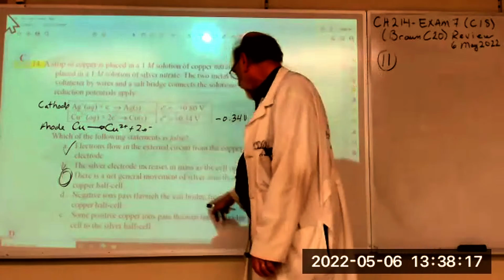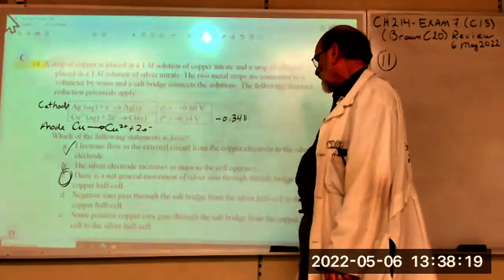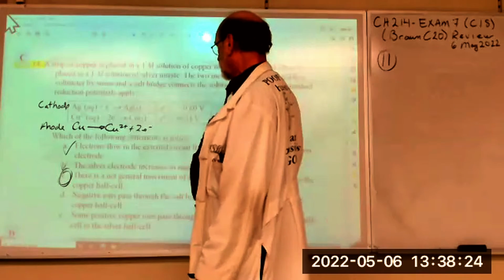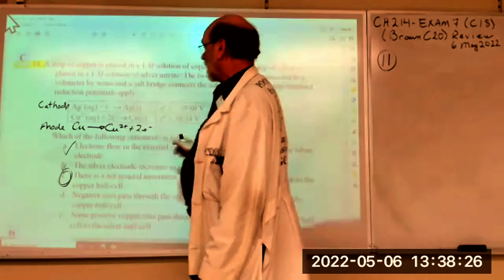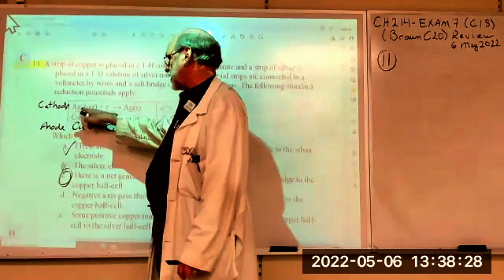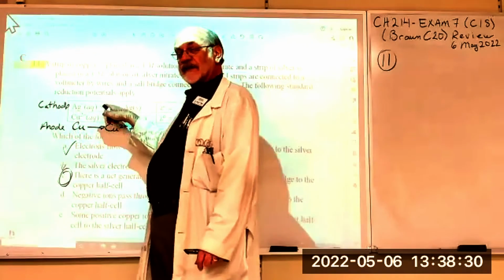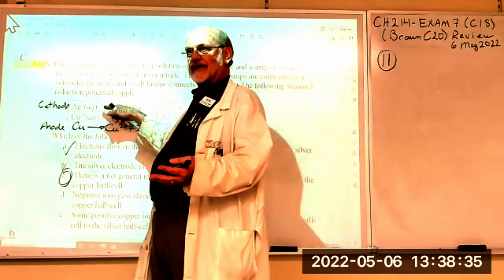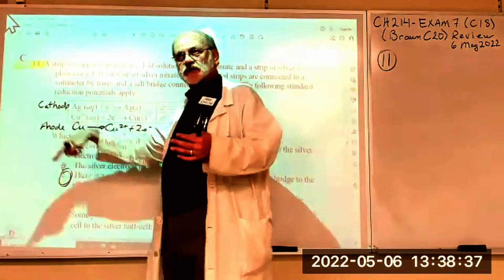Negative ions pass through the salt bridge from the silver half cell to the copper half cell. Negative ions. Yes, if you're removing positive ions at the electrode, then that leaves an excess of negatives in solution. They've got to get out of there, so they move through the salt bridge.